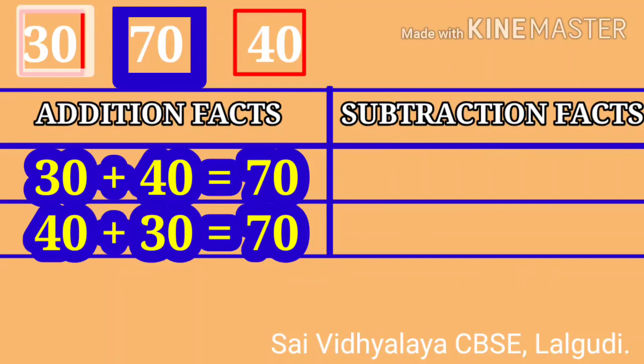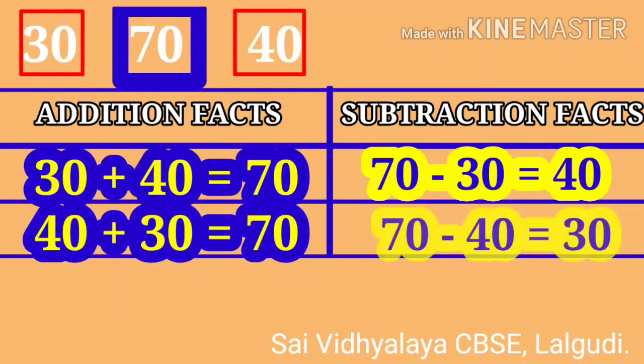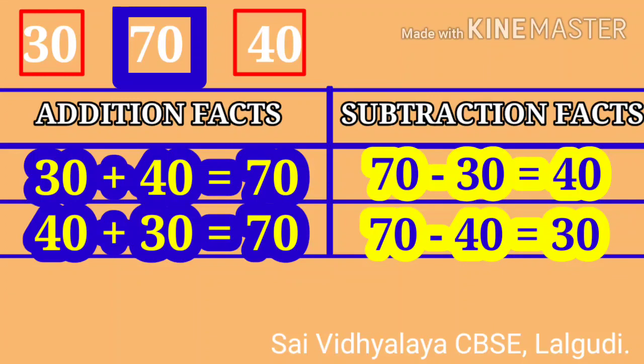The answer is 40. So, we can write the subtraction fact as 70 minus 30 is equal to 40. The next subtraction fact is 70 minus 40 is equal to 30.